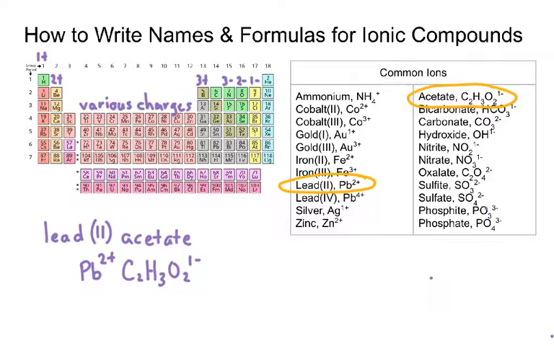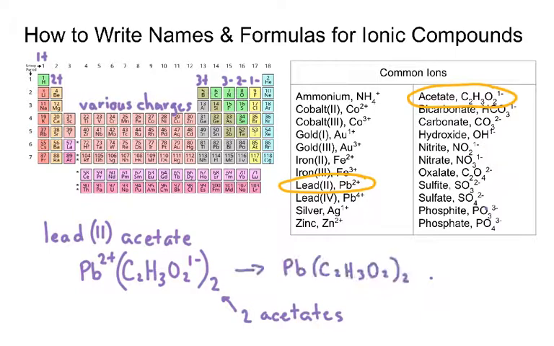Since acetate has 3 different elements in the molecule, we're going to need to use parentheses to indicate that there are 2 of them. So the formula of the compound would be Pb(C2H3O2)2. The 2 outside the parentheses indicates there are 2 acetates. Remember to remove the charges when you're writing the final formula of the compound.